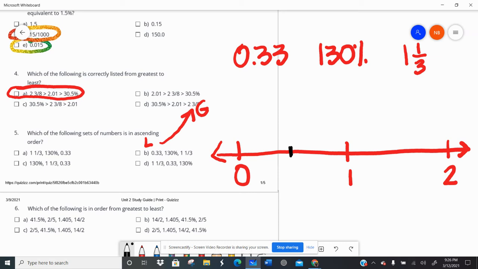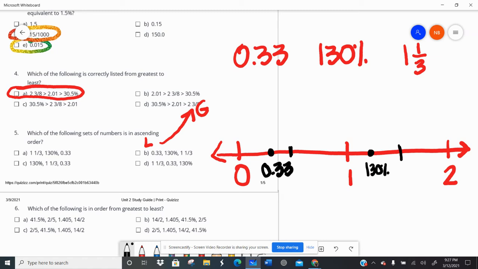So I'm going to estimate that 0.33 or 33 hundredths would be about there. Now I'm going to go to 130%. Here's half, about. So I know 130% is more than one whole, but less than 1.5, because remember, 1.5 would be 150%. So I'm going to estimate that 130% is about here.